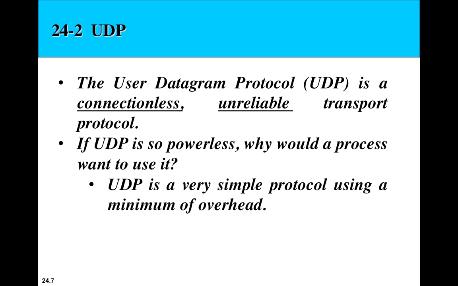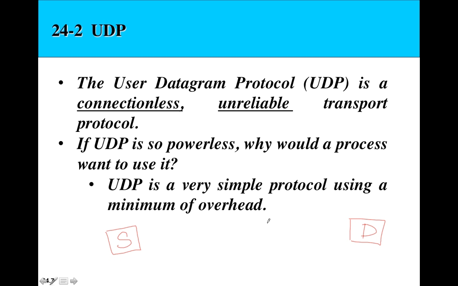Now we will look at the first protocol, which is UDP. UDP is connectionless and unreliable, which means if we have a source and a destination, and if we are using UDP, UDP will simply send the packets and forget about it.